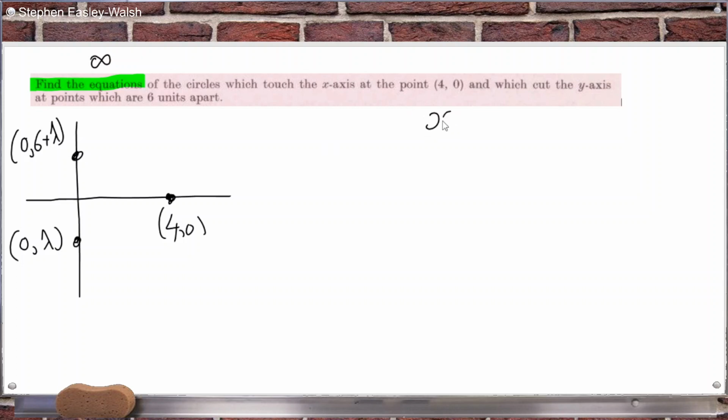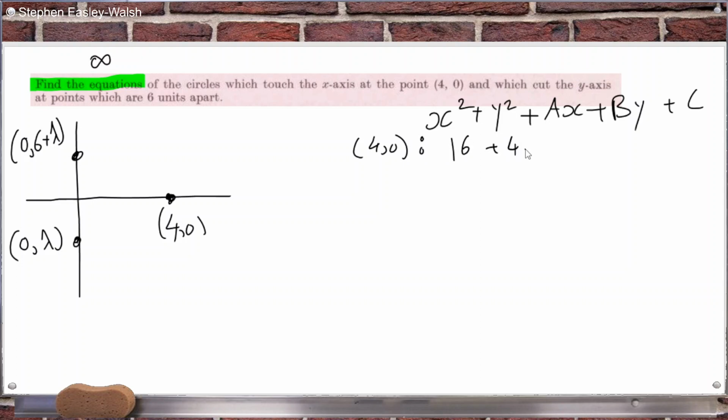So the equation of the circle is x squared plus y squared plus ax plus by plus c, or whatever constant you want to call it, doesn't matter. If you put in (4, 0), you'll get 16 plus 0 plus 4a plus 0 plus c equals 0.